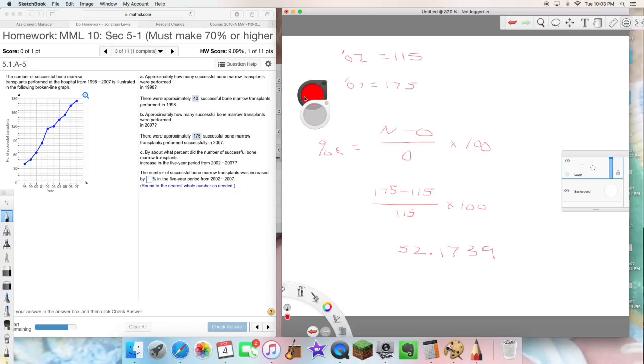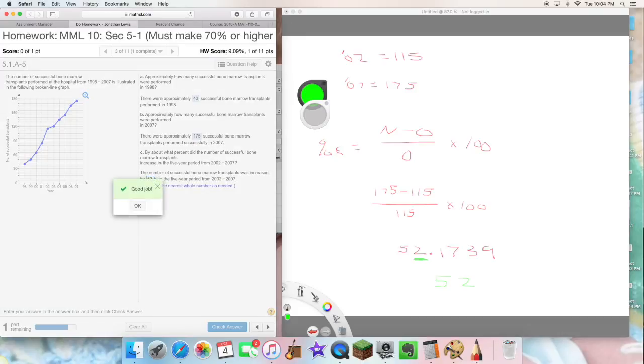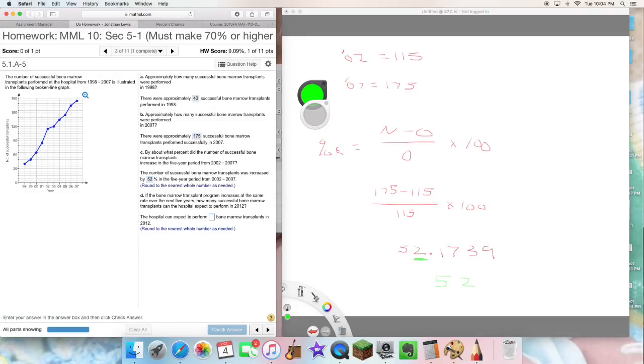Well, my nearest whole number is right here, is the 2. So that 1 tells that 2 to stay the same, so my final answer should be about 52%. So let's find out if we're right. Good job.